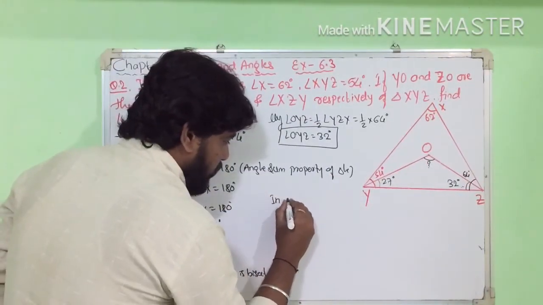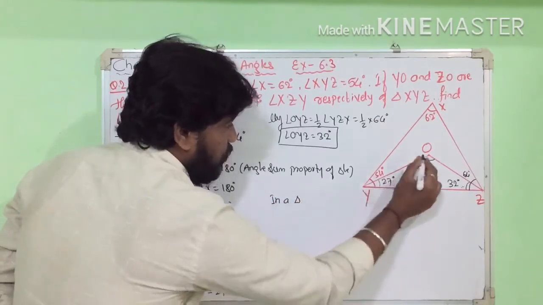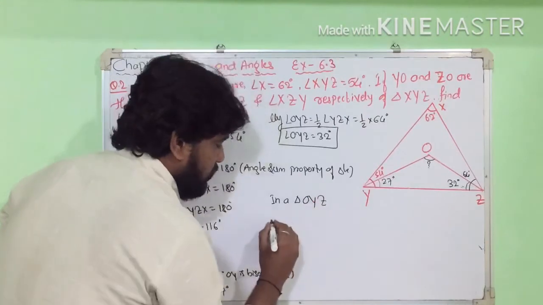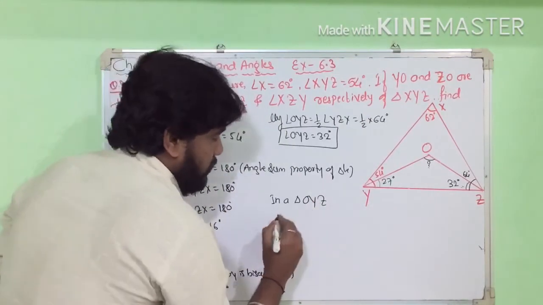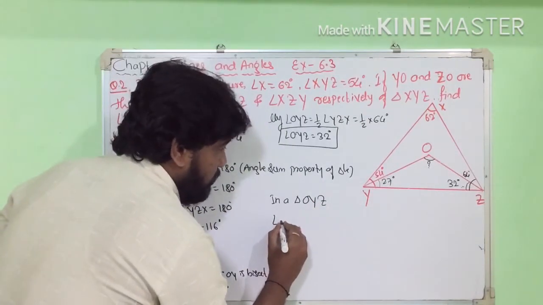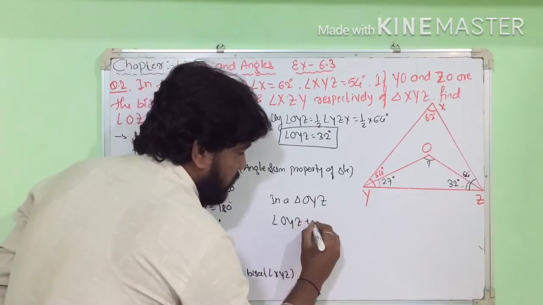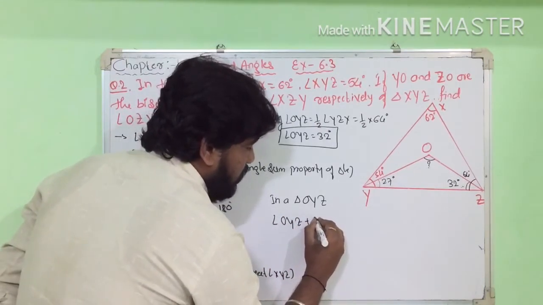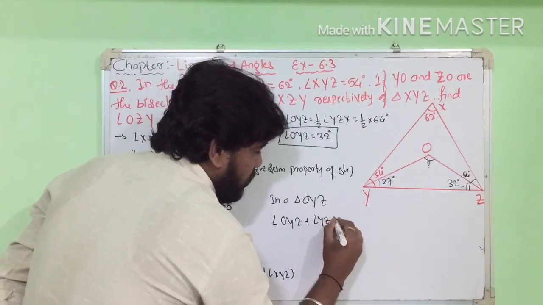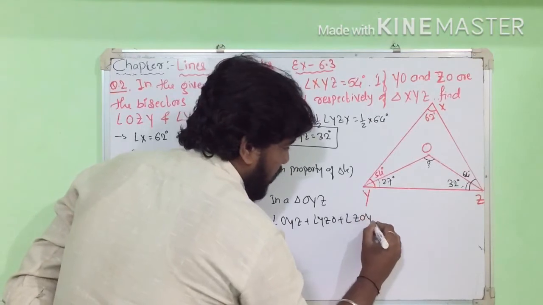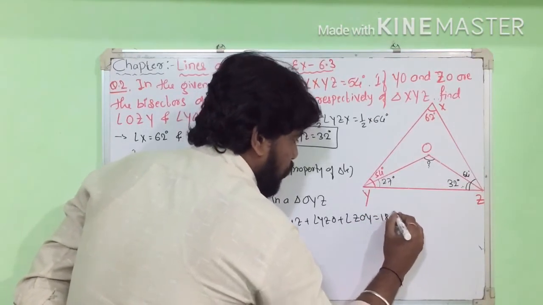So in a triangle OYZ, angle OYZ plus angle YZO plus angle ZOY is equal to 180.